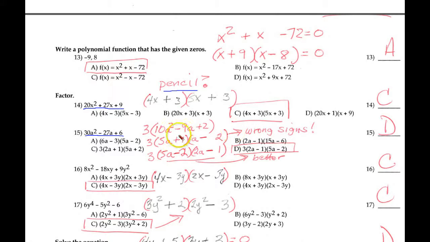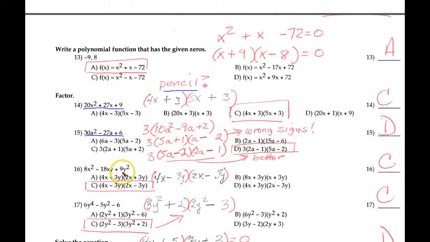The signs are wrong, everything's wrong. So, except for the 3 that I took out. So again, I should have been using pencil so I could erase it. And then when I FOIL this, it now checks out and it works out very well.